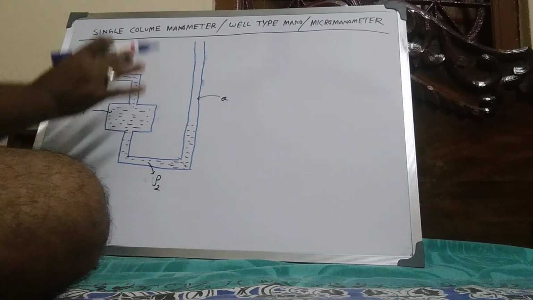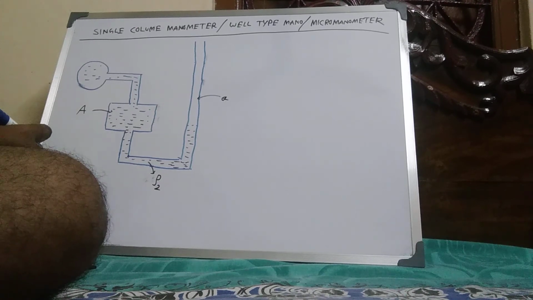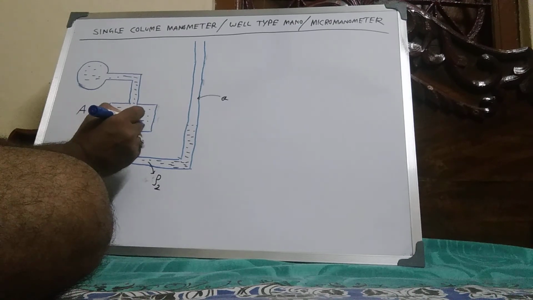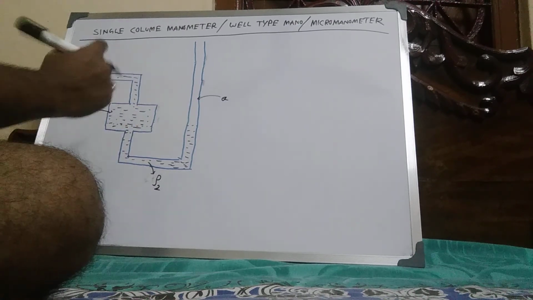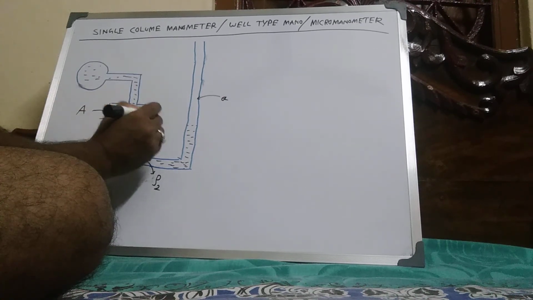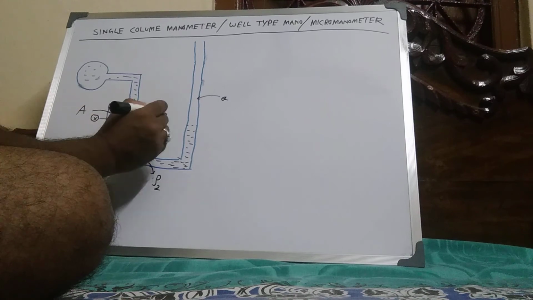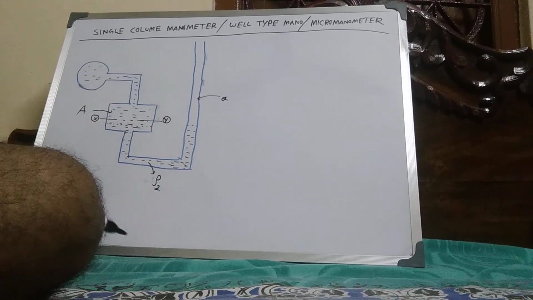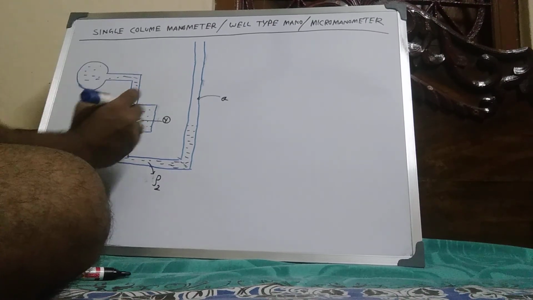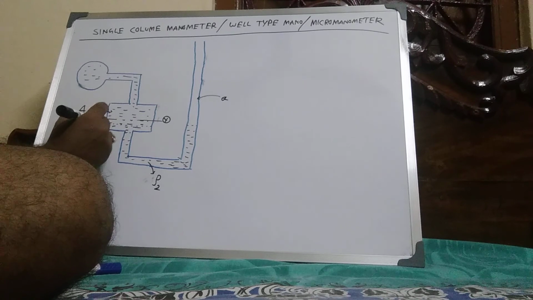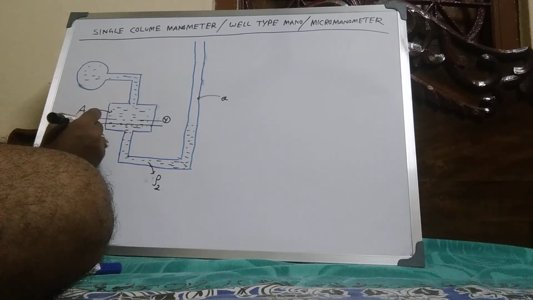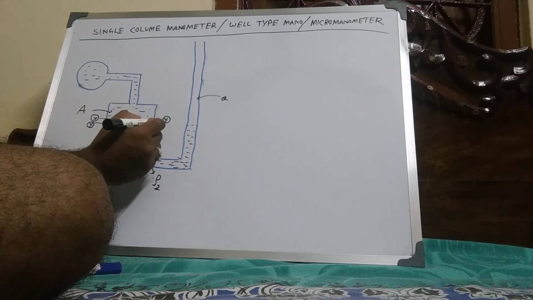Now at the left limb the displaced volume, suppose at this point, first the reference was XX. After connecting the pipe, the reference line is Y1.